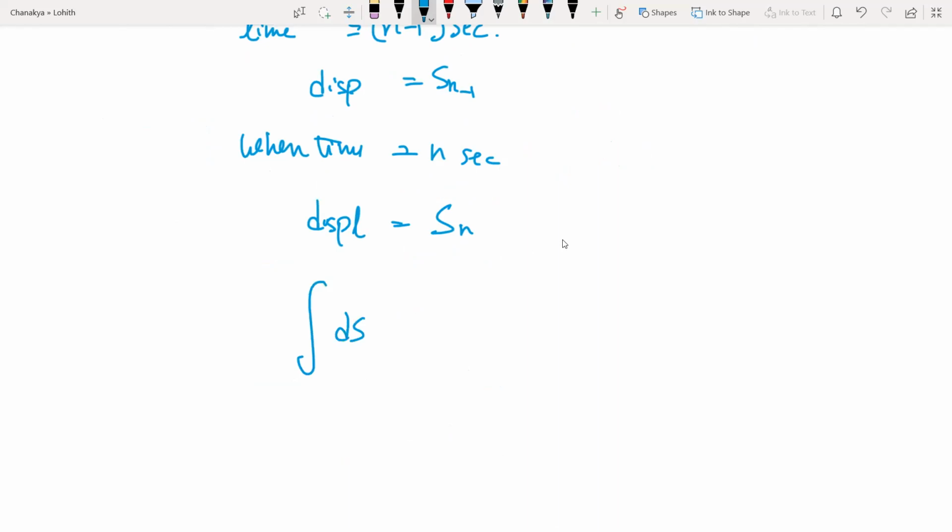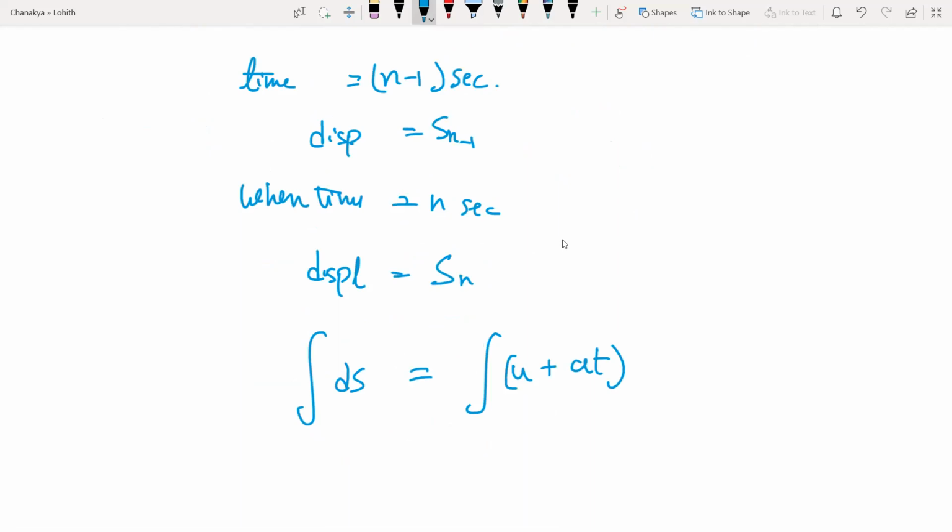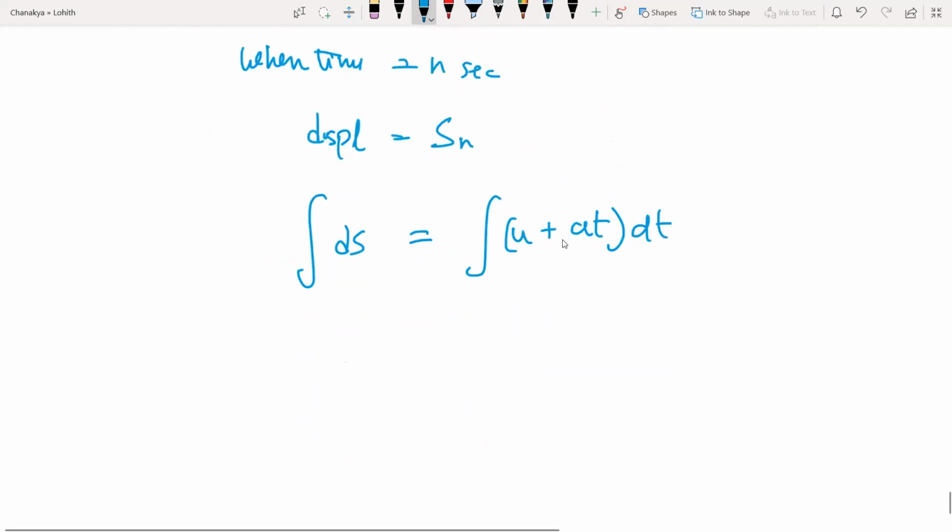Integration of ds, and integration of u plus at dt, with Sn minus 1 to Sn and limits n minus 1 to n.